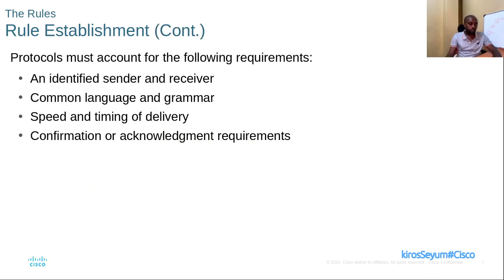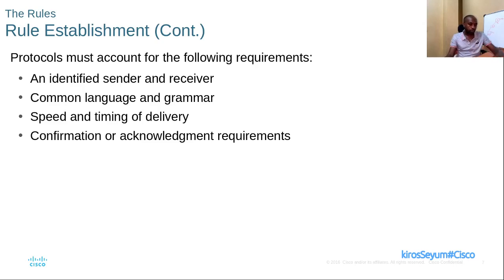So rules have to be established. First, there has to be an identified sender and receiver. It's clear. They have to use some common language. For example, if I am speaking in English and that guy is speaking in another language, we cannot communicate. So at least they have to agree on the language, and the speed is necessary.